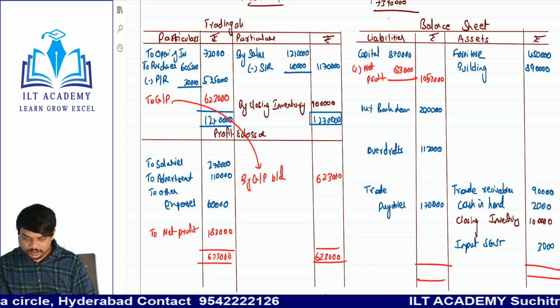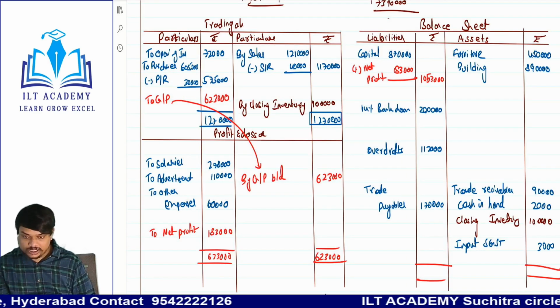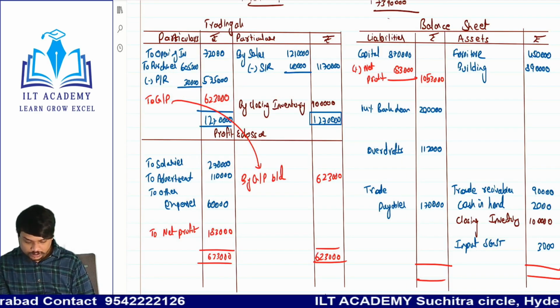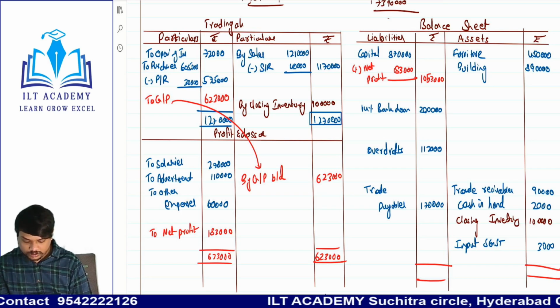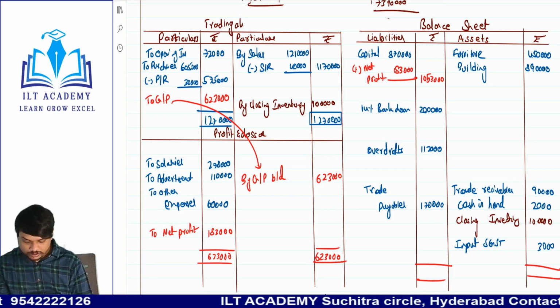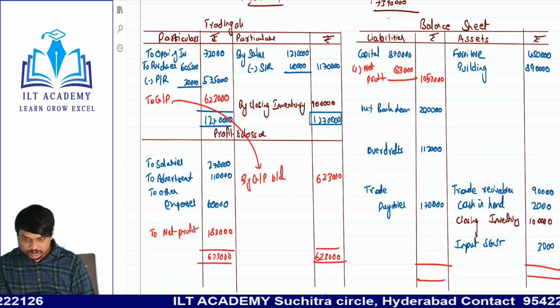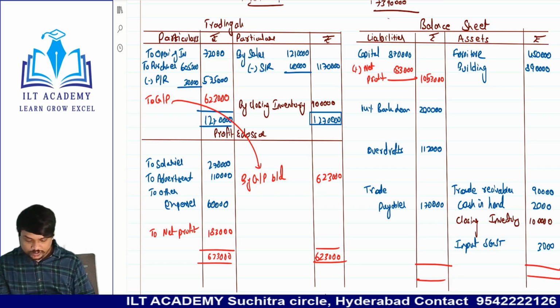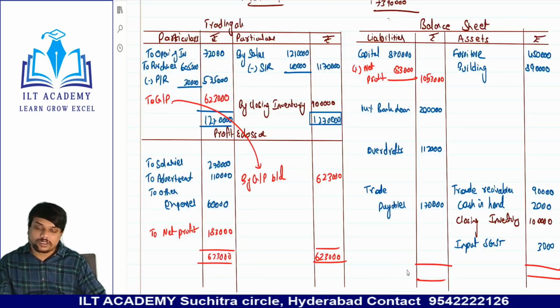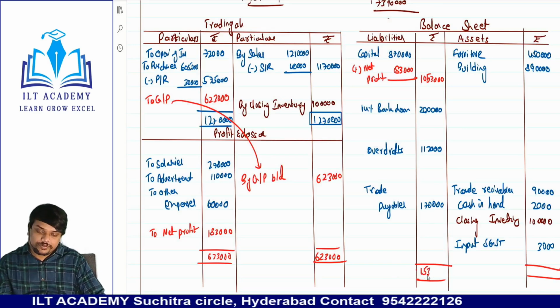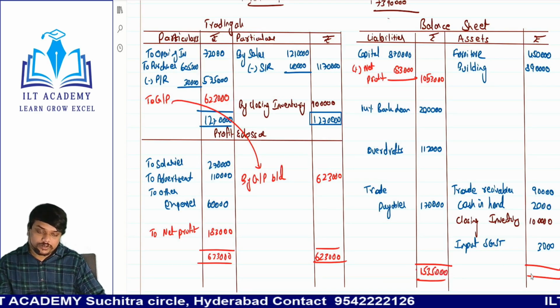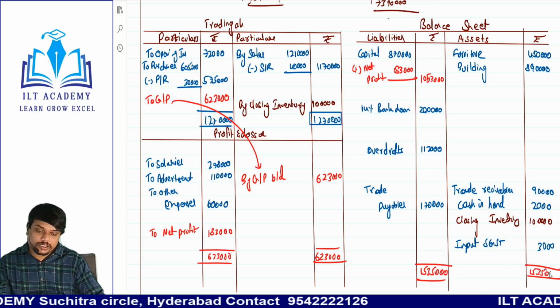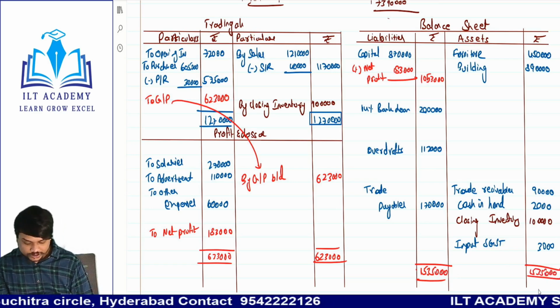10,53,000 plus 2 lakhs plus 1,12,000 plus 1,70,000 is 15,35,000. Yes, correct. The other side should also automatically be 15,35,000.